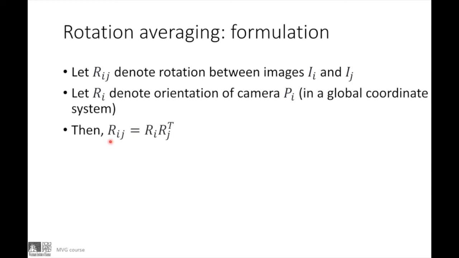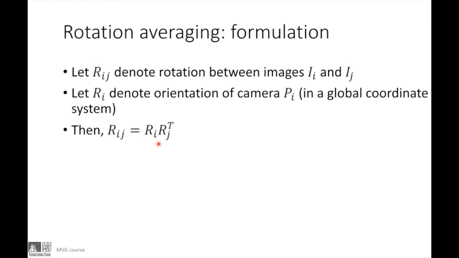So ideally, the rotation from camera J to camera I will be obtained by taking the inverse of the orientation of camera J and applying afterwards the orientation of camera I. So to rotate from J to I, first apply Rj transpose and then apply Ri. Is this clear? This is the most important equation here.